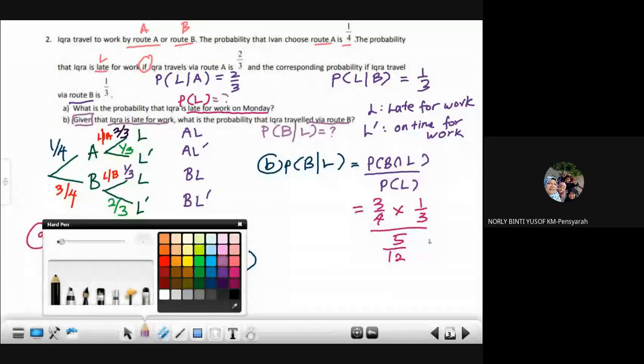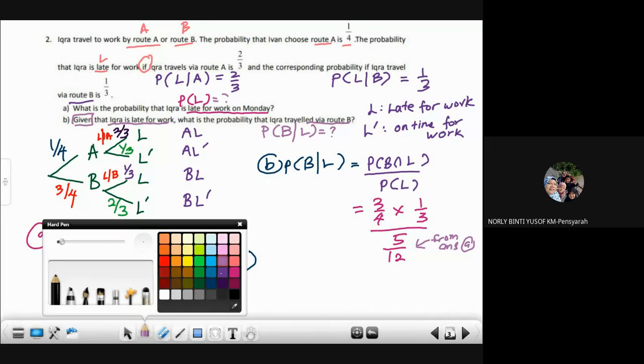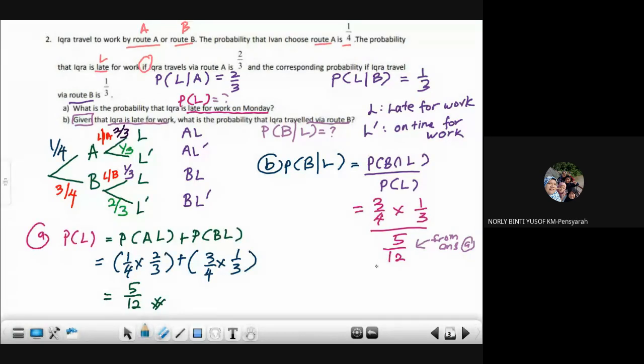Ini dah cari dekat A, from answers A, because probability of late using road B or road A. Then you simplify, you akan dapat jawapan dia adalah 3/5. Okay, that is question number 2.